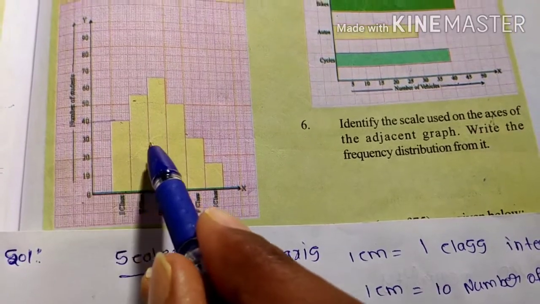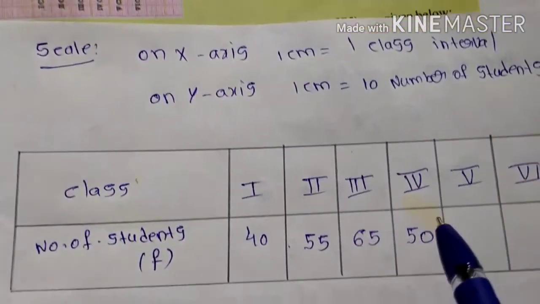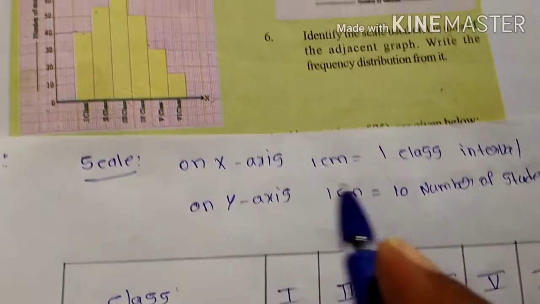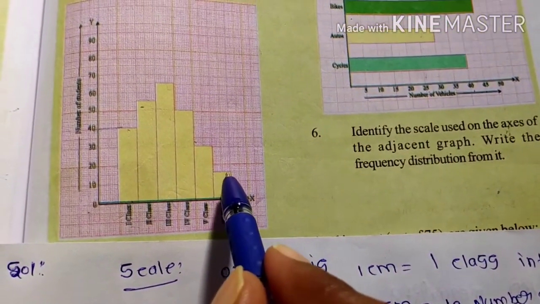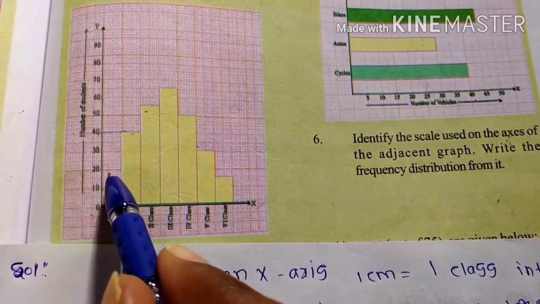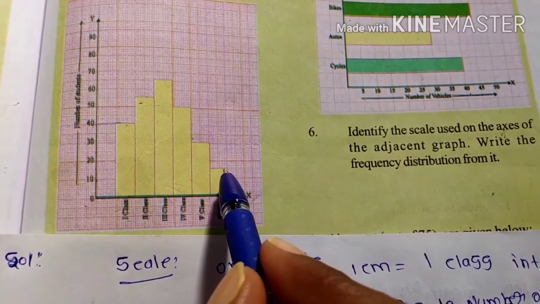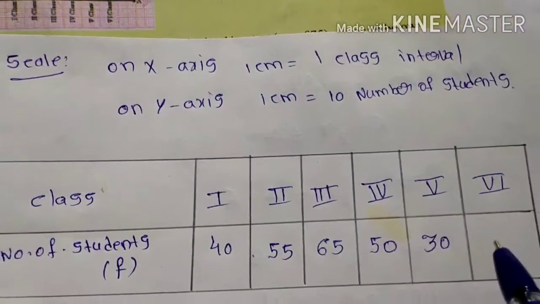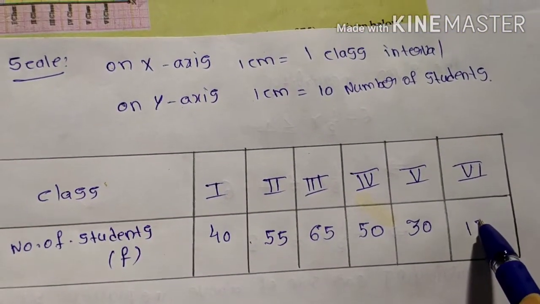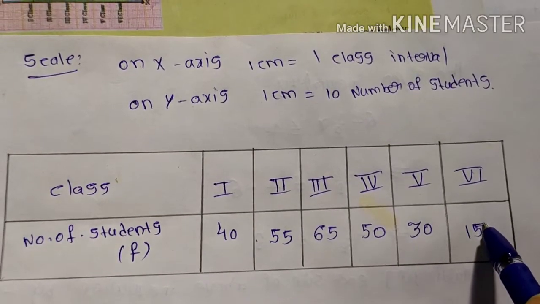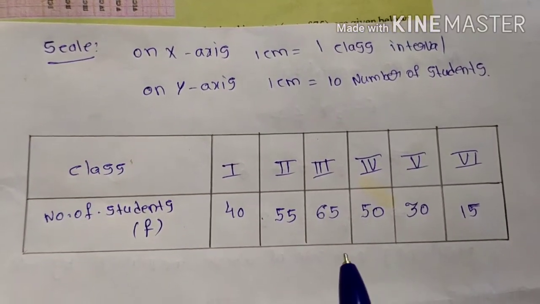See here, exactly 30, which is a very easy question. 30 students. See here sixth class. This is 10, this will be 20. This is exactly between 10 and 20. That means you will consider here 15 students. 15.